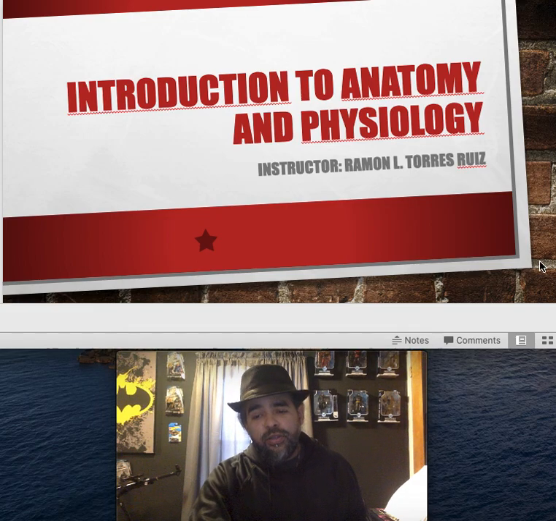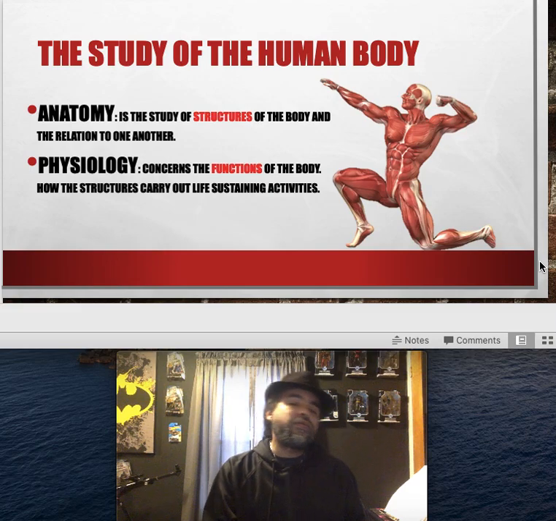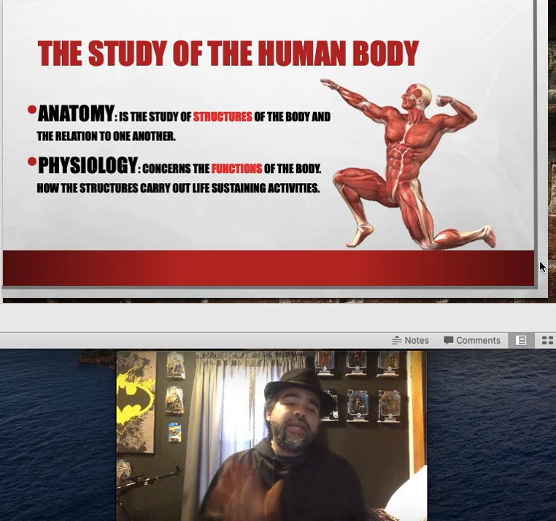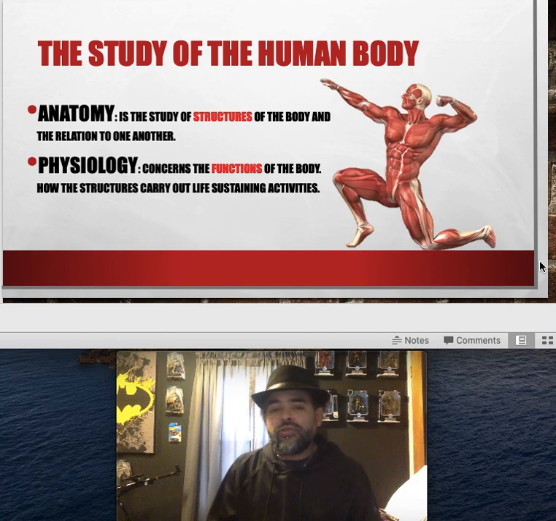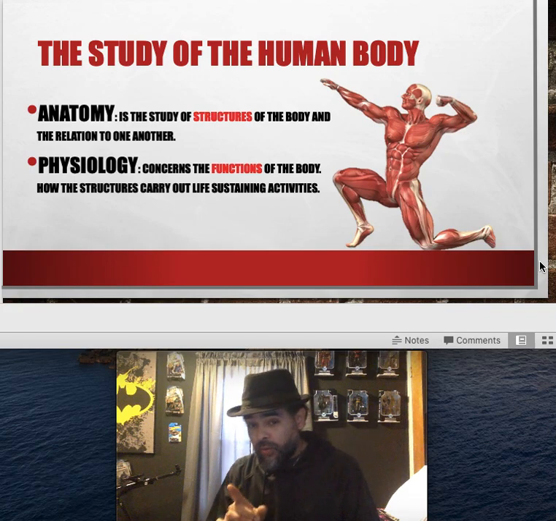If we are talking about anatomy and physiology, I think that the first thing that we will need to focus on is a definition of what our class actually means. So anatomy is the study of structures of the body and their relation to one another. So what are we doing right here?